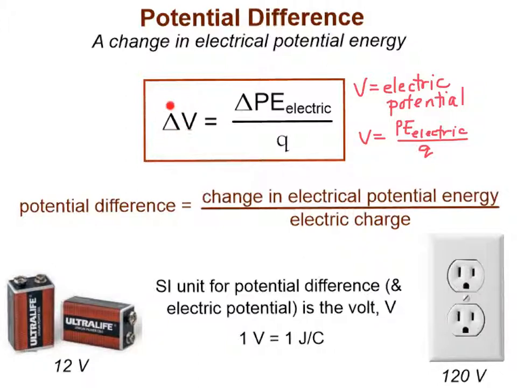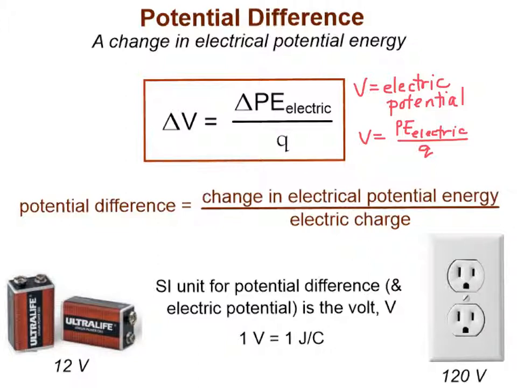Therefore, we write that the change in the electric potential is called the potential difference. The change in the electrical potential energy is just called the change in electrical potential energy, and that would be the difference between those two. You oftentimes just use those interchangeably. The potential difference is then the change in the electrical potential.